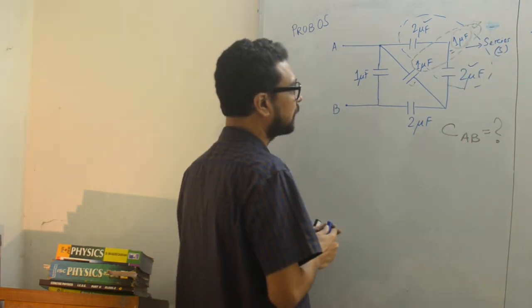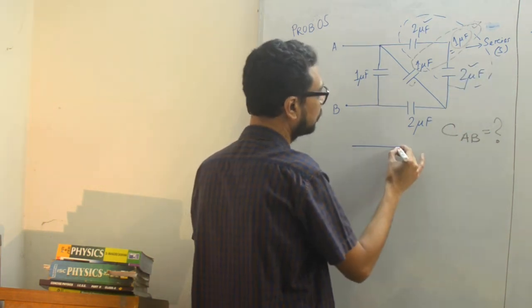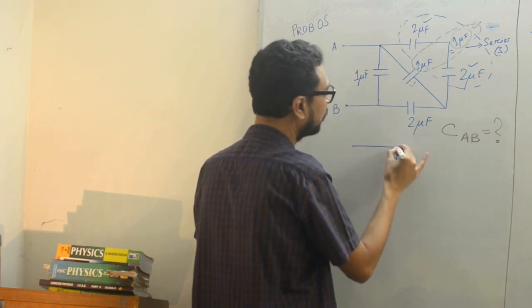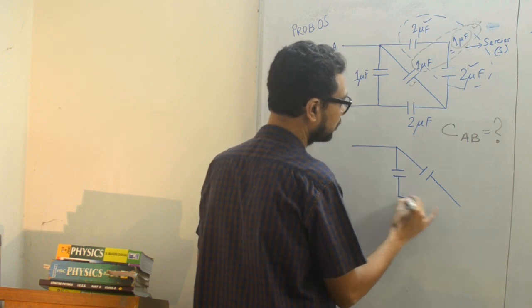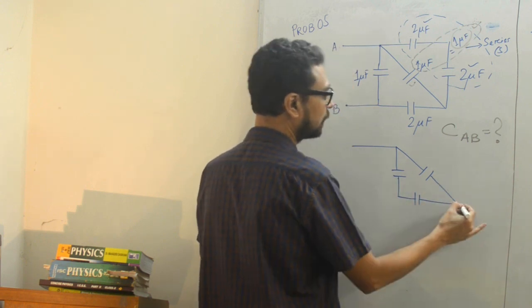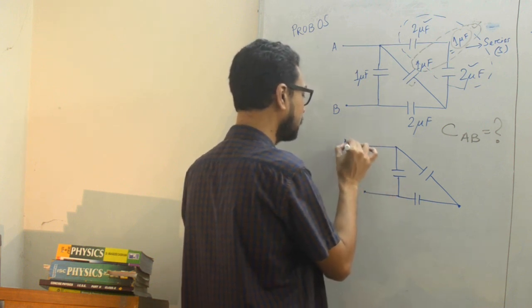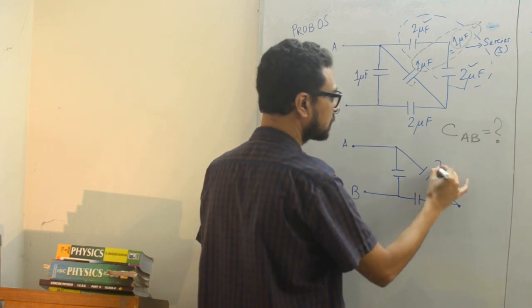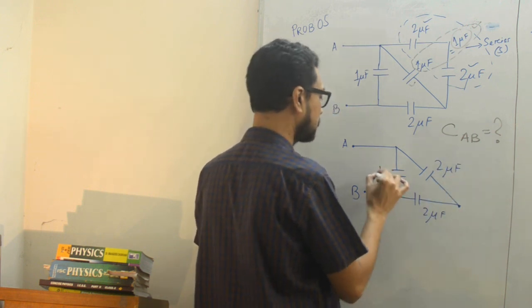So the effective capacitance is now, this whole thing will be omitted, and we have only 3 capacitors. Now we have already resolved the branches. We can now redraw the circuit, and this is the circuit now. Okay, this is A, this is B, and this is the rest of the circuit. And 1 and 1 in parallel means it is 2, and this is 2, and this is 1.